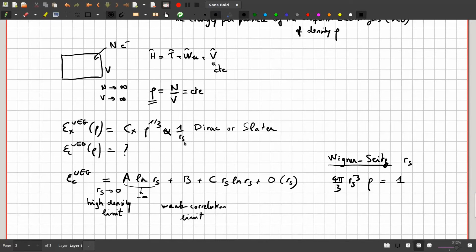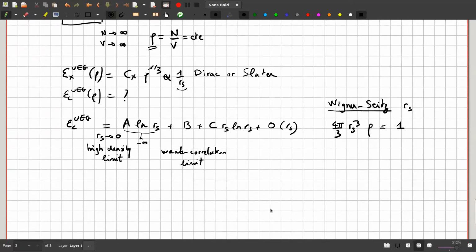So the exchange energy diverges even faster in this limit than the correlation energy. And in fact, the kinetic energy is in 1 over Rs squared, and so it diverges even faster. So both exchange and correlation are weak compared to the kinetic energy.